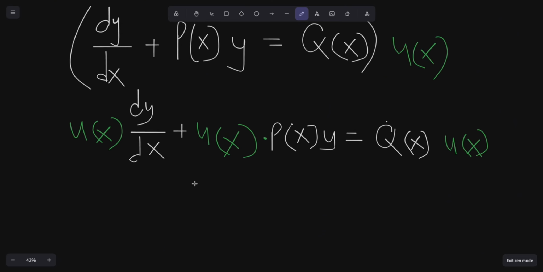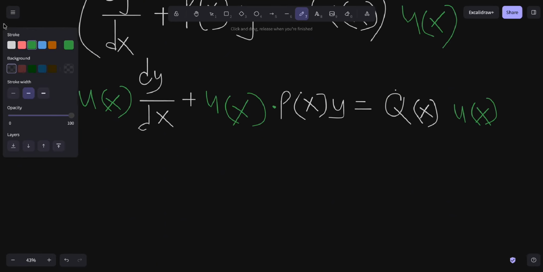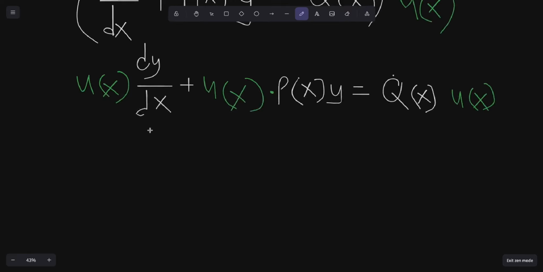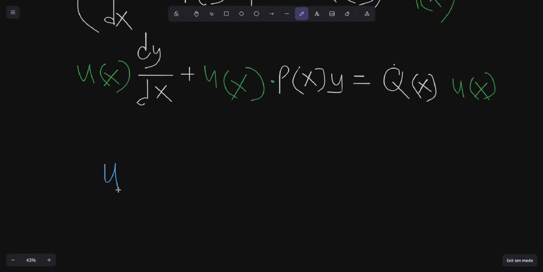Now this is where it gets kind of weird, okay? Because what we're going to do is we want a product rule, right? And so what if I had something like u of x times y, and then I do the product rule of that? What am I going to get?